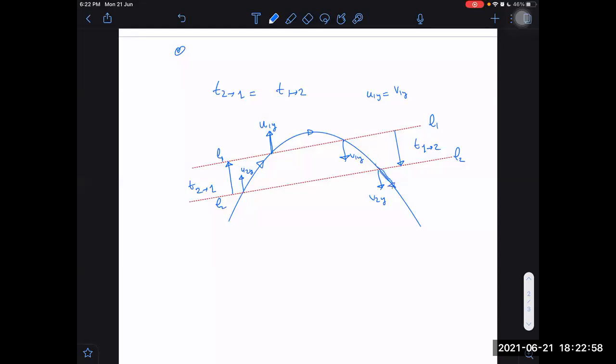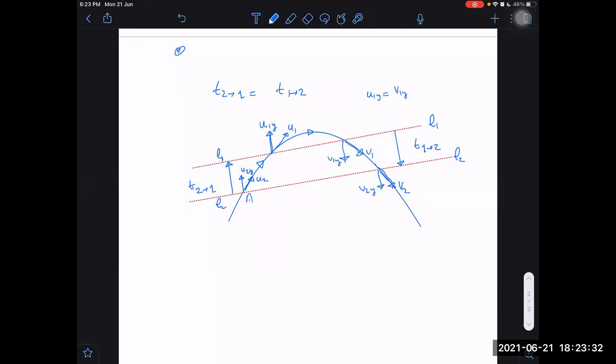While it has velocity v1 here, v1y is just one component of v1. Similarly, here the velocity was, let us say, u2, and here the velocity was, let us say, u1. So it is the component of u1 along the y-axis. I can prove easily that u1y will be equal to v1y. And how to prove it?